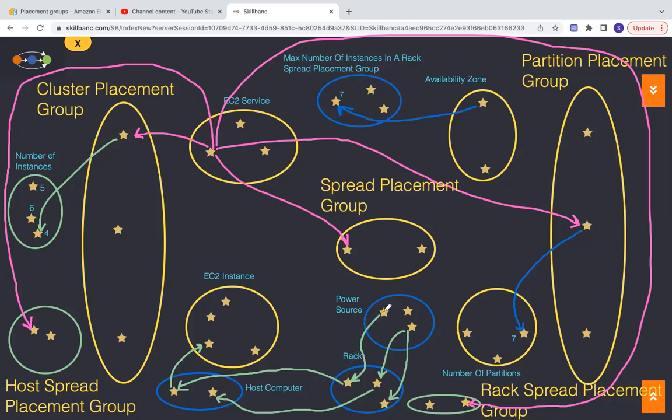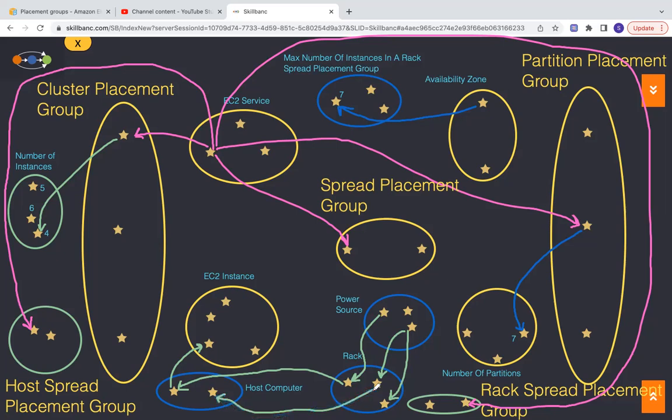So if you take these power sources, this power source is powering this rack. This power source is powering these 2 racks. And this host computer is in this rack.